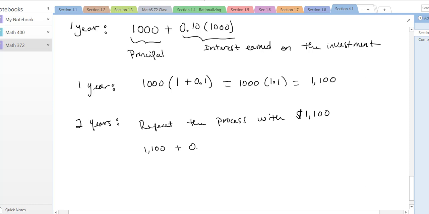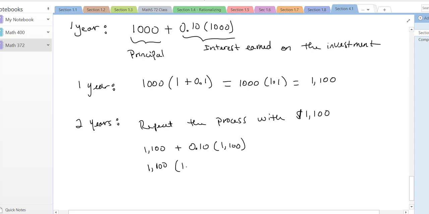The interest earned is the 10% again, so 0.10 times the amount. So the money we had at the beginning of year 2 plus the interest earned on that money over the whole year.